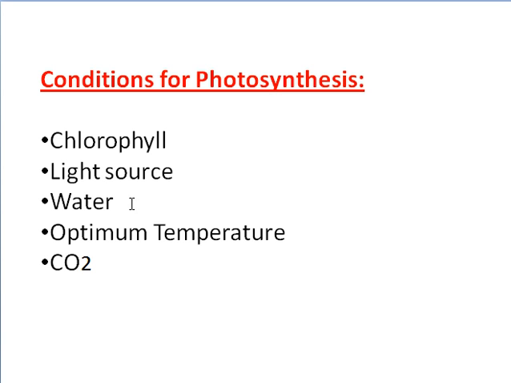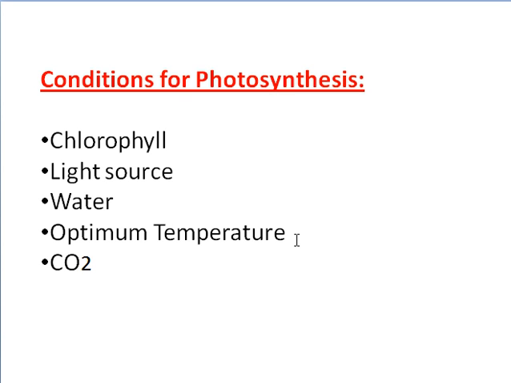Then the next point is optimum temperature. An optimum temperature range of say 25 to 40 degrees Celsius is required for photosynthesis. The rate of photosynthesis itself increases when we go from 25 till 40 or 45 degrees Celsius. Above that it decreases, and below 25 degrees Celsius the rate of photosynthesis also decreases.